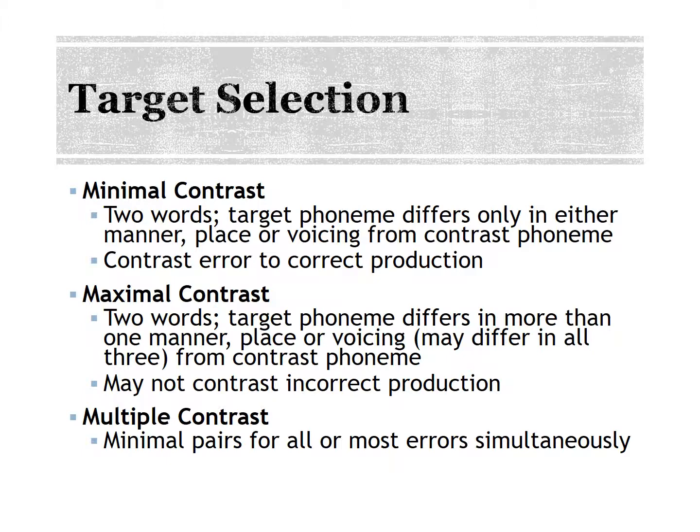Finally, for multiple contrast, the selection of targets is similar to the minimal pair approach, but differs in that minimal contrasting pairs for all or most of the child's errors are completed simultaneously.